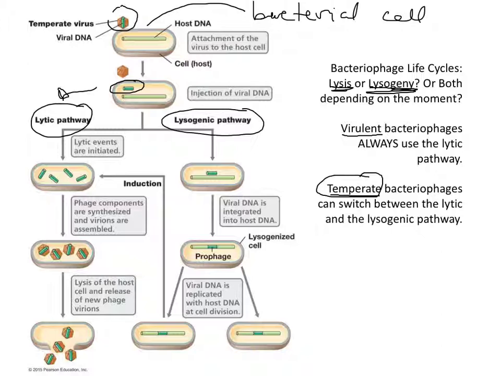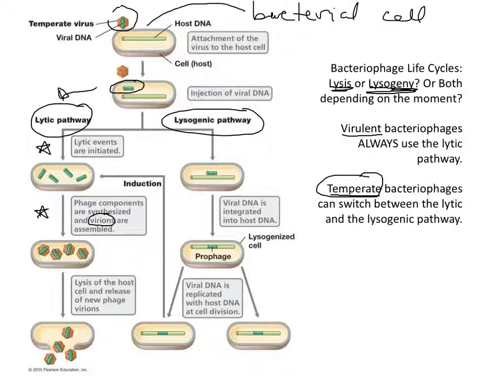Once the genome of the bacteriophage enters the host cell, the phage or viral components will be synthesized. In order to do that, you're going to have to make more viral DNA, and you're going to have to make more viral protein. Once you make more viral DNA and more viral protein, which is happening in these steps here, then you have enough new viral or phage components to assemble new viral particles, also known as virions.